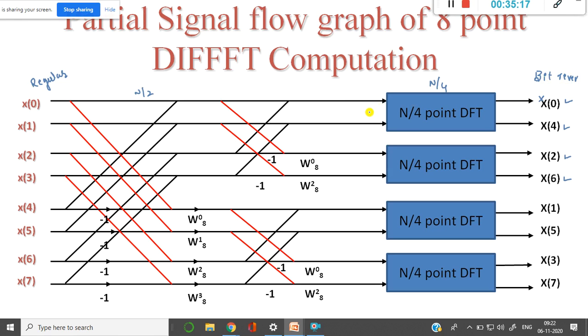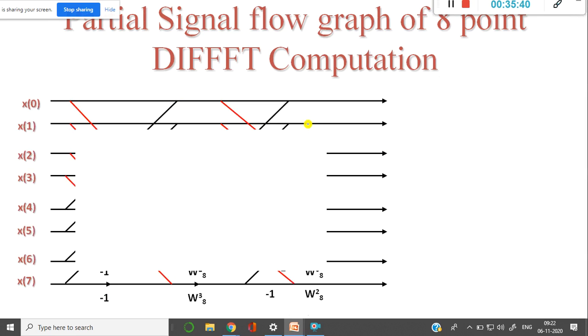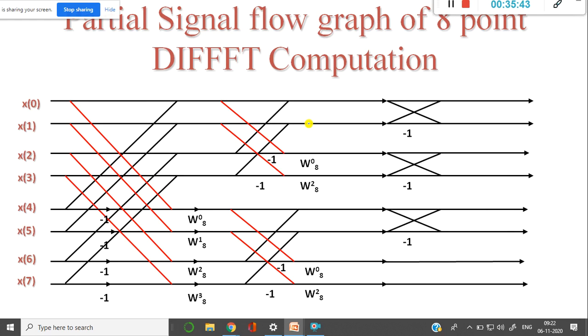In case of DIT FFT, the input was in bit reversal order and the output was in regular order. And if you observe carefully, this stage was the last stage in calculating the DIT FFT method, and this was somewhere in the middle stage. So if you try to implement the final DIF FFT method, this is an entirely reverse process of the DIT FFT method.